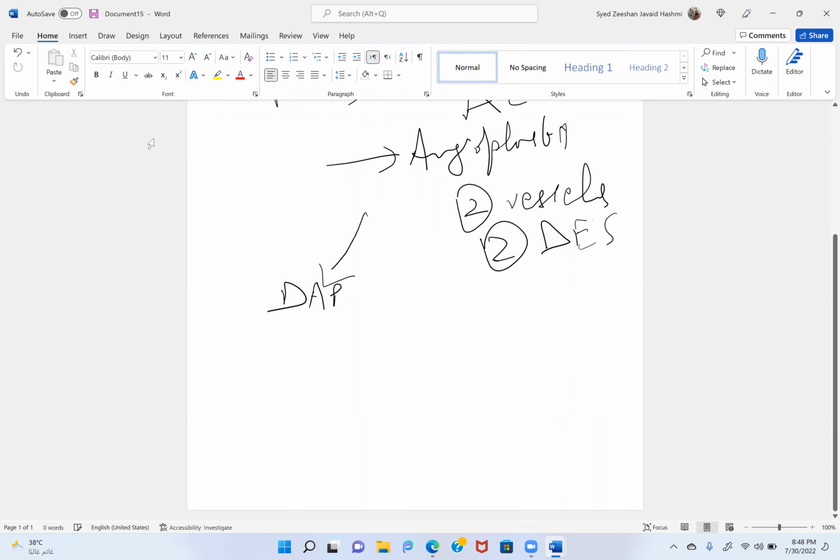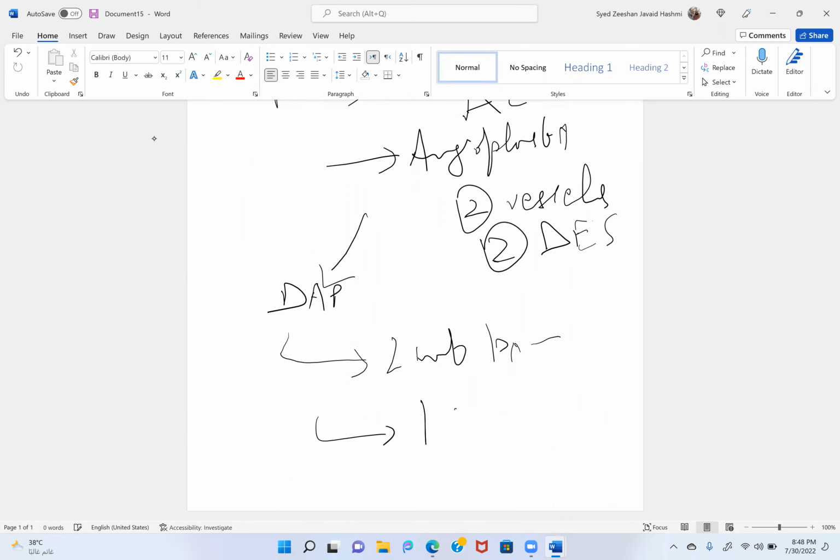Now this patient presents with severe limb pain. They have found it to be limb ischemia. It is bluish.